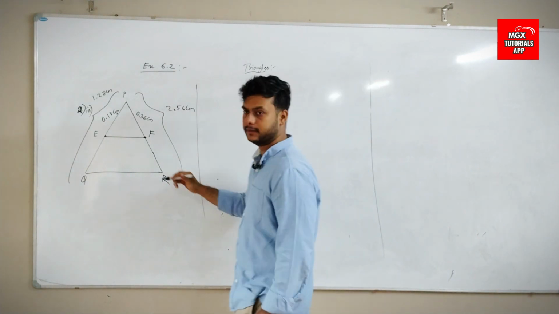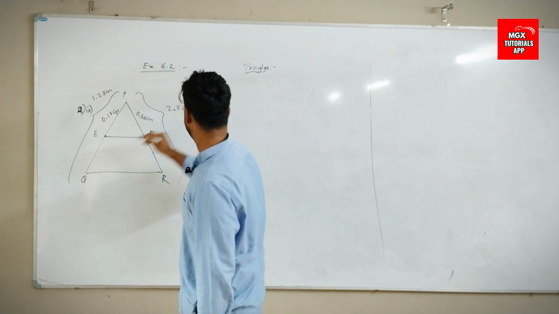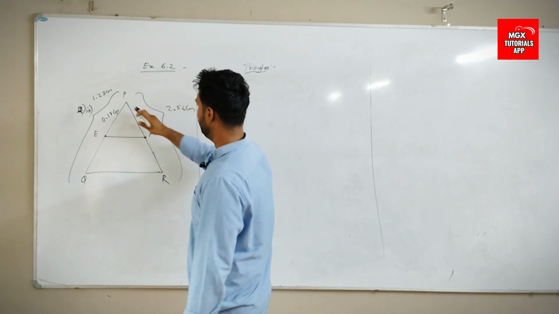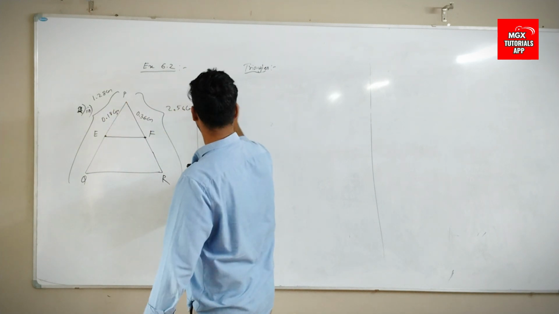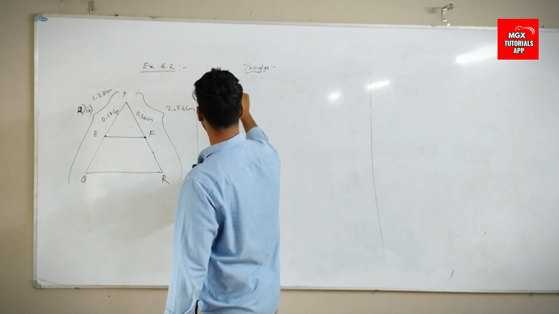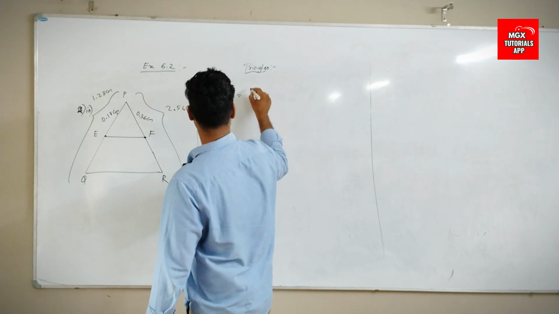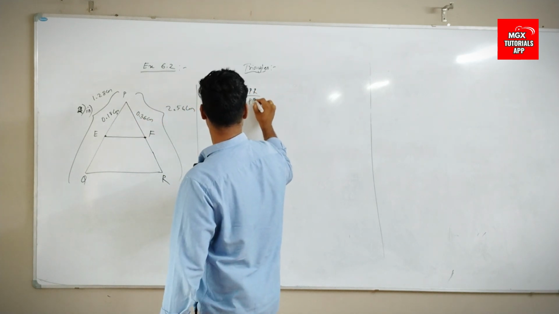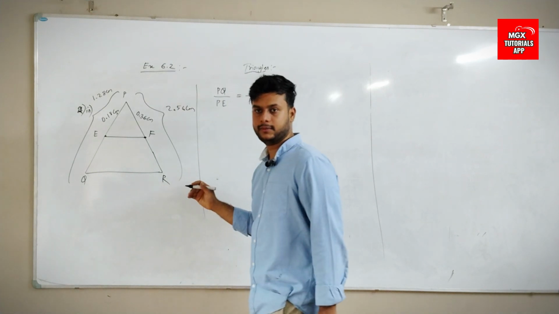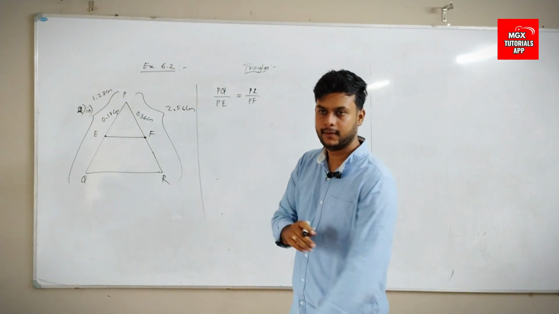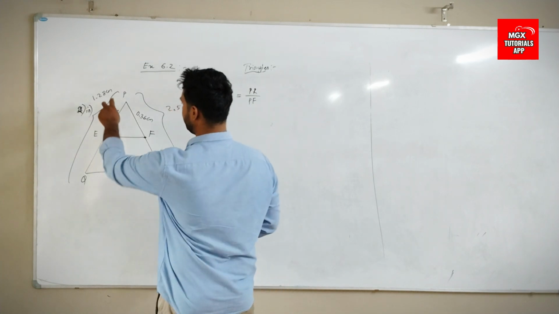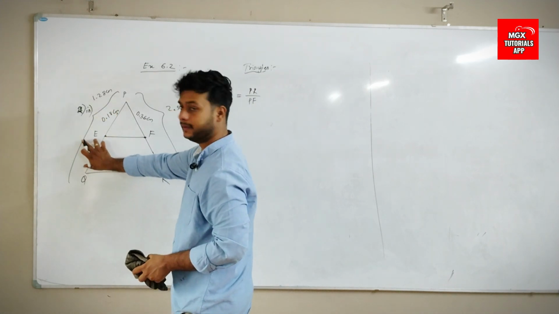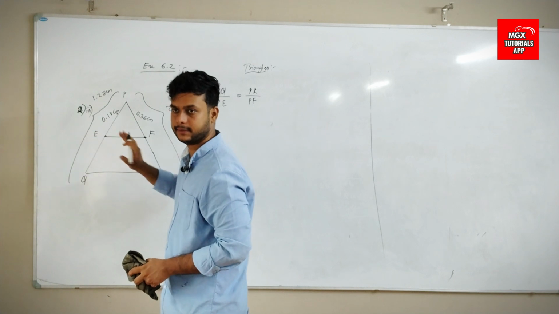See here, I can write like this also. Whole PQ by EQ is equal to PR by PF. You can do like this also, or you can subtract this, 1.28 minus 0.18, and find this and do this by this.